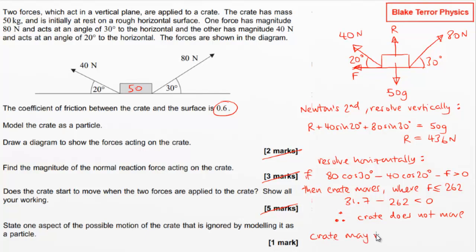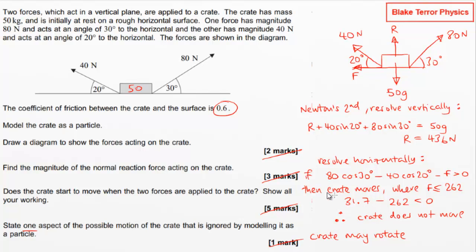Flexing is a similar sort of idea as well. You might get some bending in it, the outer surfaces might be bending a bit. But rotation is a fairly safe one to go for as well. They've only asked for 1, so you can't hedge your bets by putting 2 down and hoping that one of them's right. They asked for 1, then give them 1.